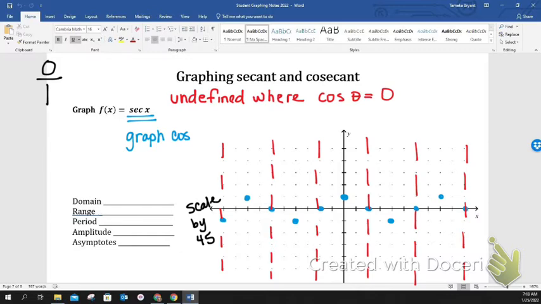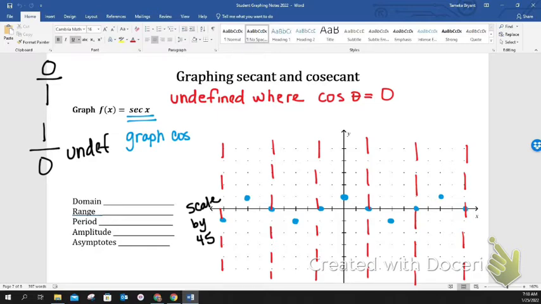Remember, secant is the reciprocal. So what happens when I flip 0 over 1? It becomes what? 1 over 0, which is undefined. Okay, so this is undefined, which is why secant has an asymptote every place where cosine is equal to 0.